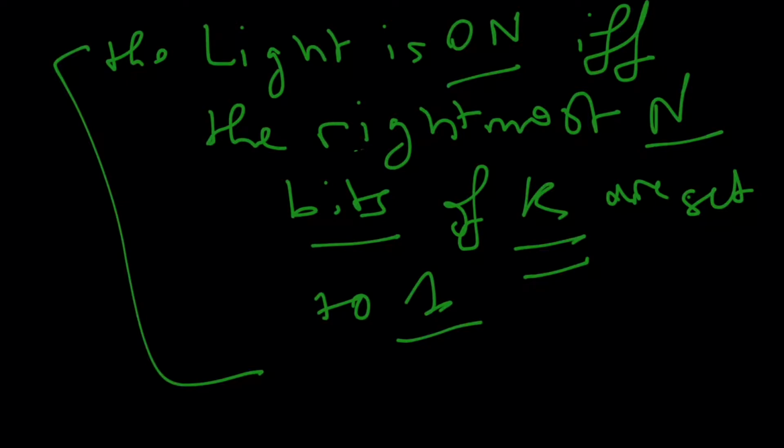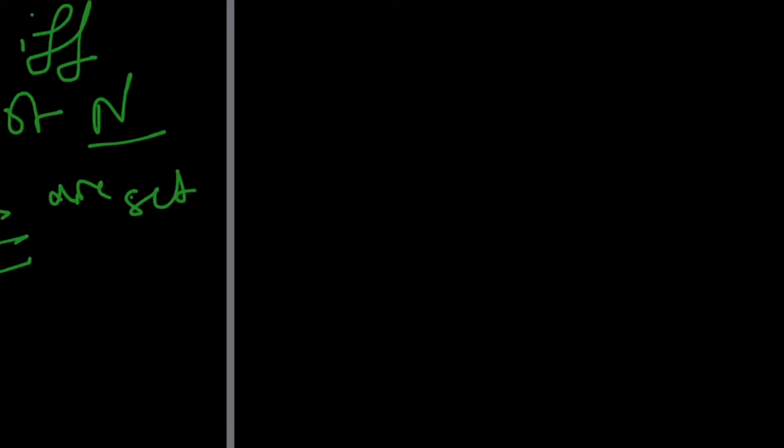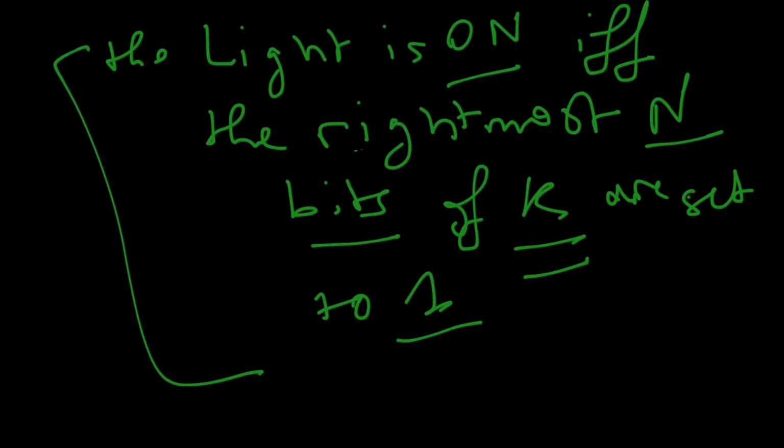Okay, so let me just give you a general idea of the implementation and how it would look like. So what did we say here? It should be that the rightmost n bits of k are set to 1.